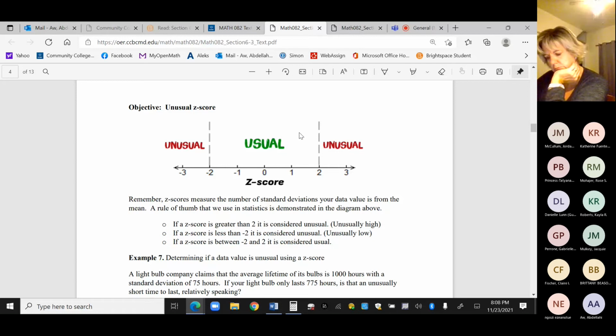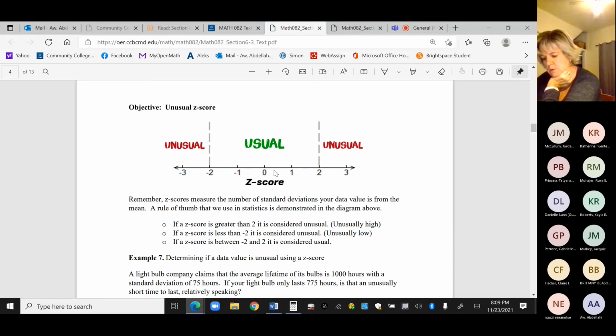For the data to be said unusual, the z-score has to be bigger than 2 or less than -2, okay? When you calculate the z-score for both cities, you got 1.48, we don't consider it to be unusual, okay?